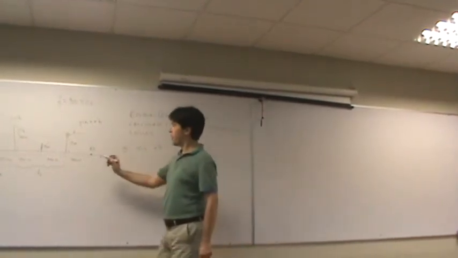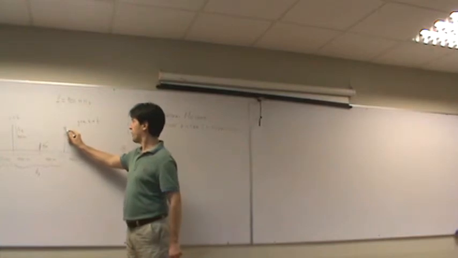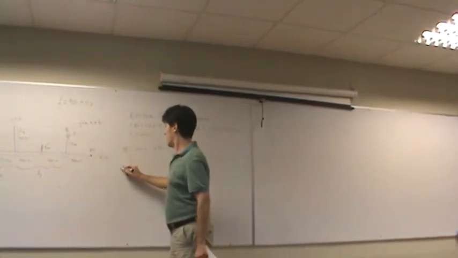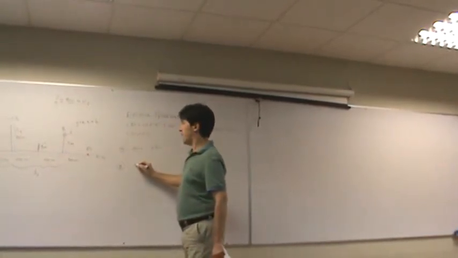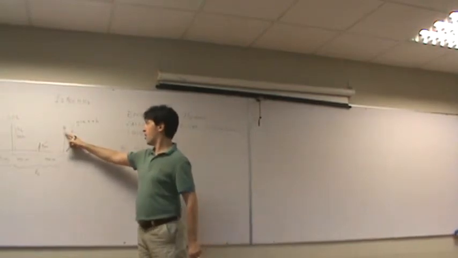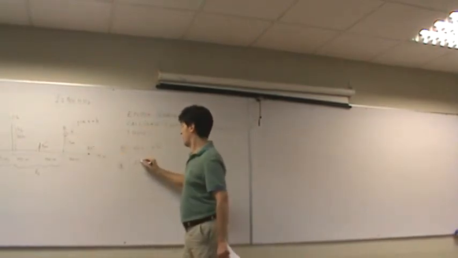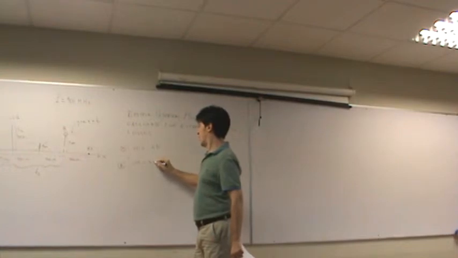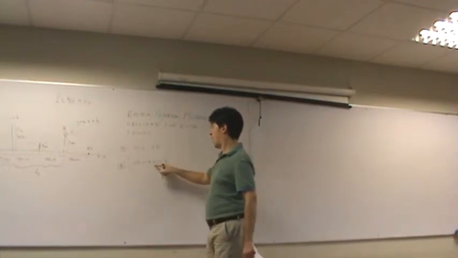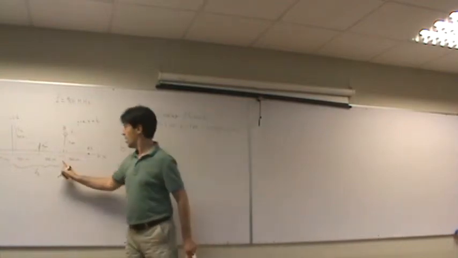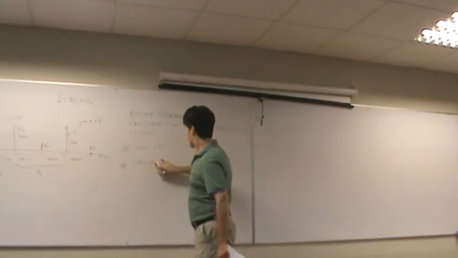And then you force the line to pass through point B, and then you write the ordinate is 15, and x is 1,500.